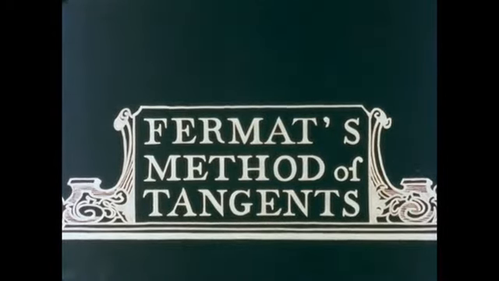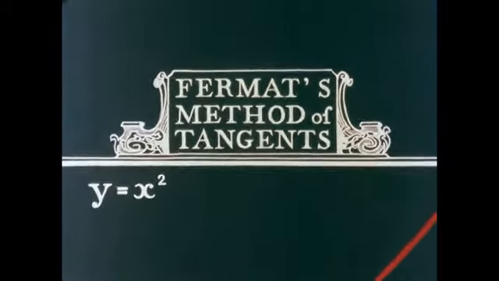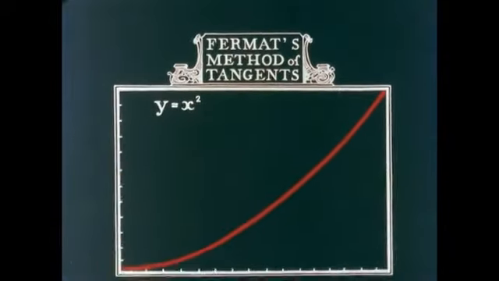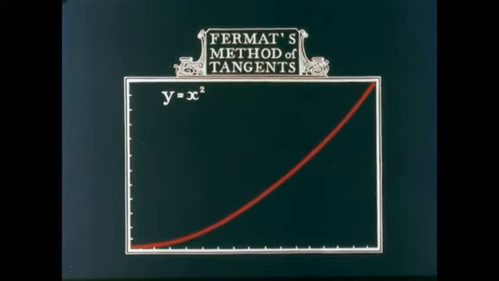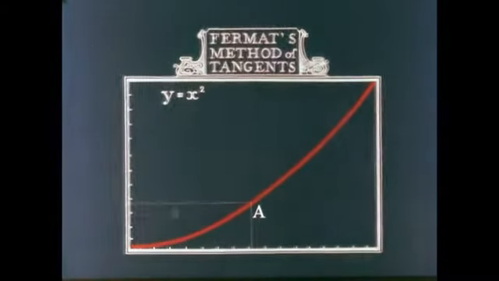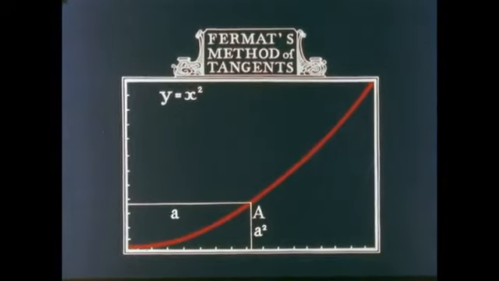We can more or less argue as Fermat did to find a tangent to the parabola y equals x squared. Let's look for the tangent to the curve at the point A, with coordinates a, a squared, and find its slope.